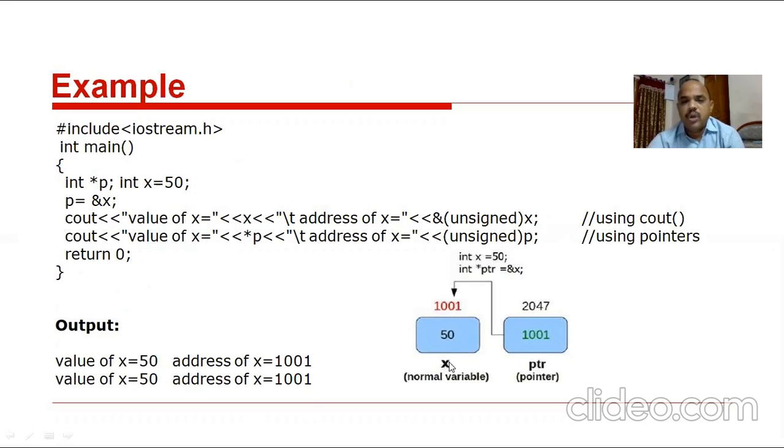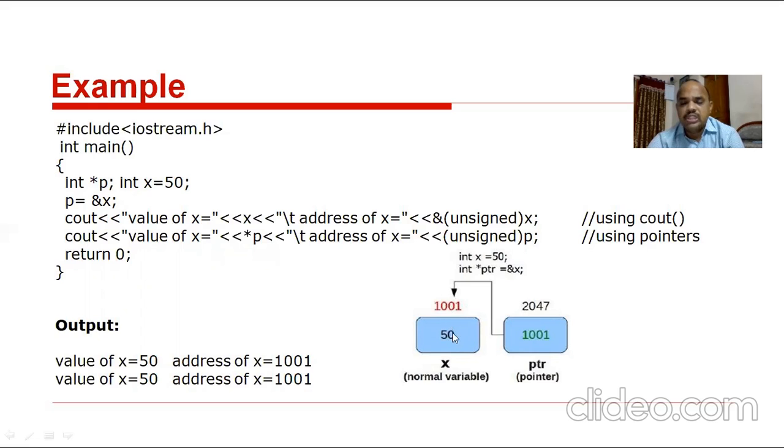Here x is an ordinary variable and ptr is a pointer variable, where ptr = &x. So the address of x is assigned into ptr. For example, the address of x is 1001, which is assigned into the ptr memory location. Here *ptr shows the content at that address location.